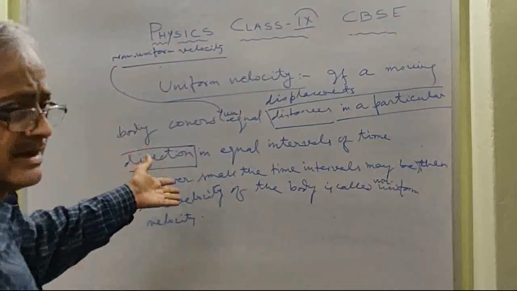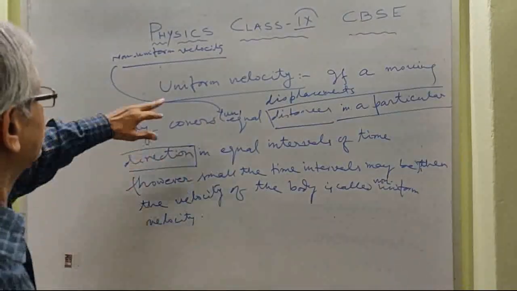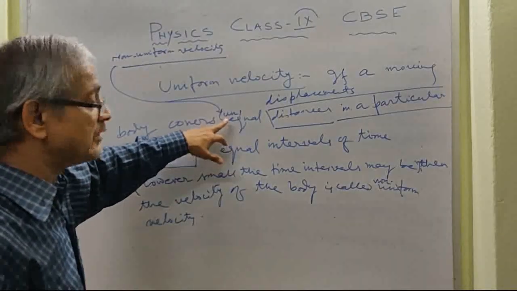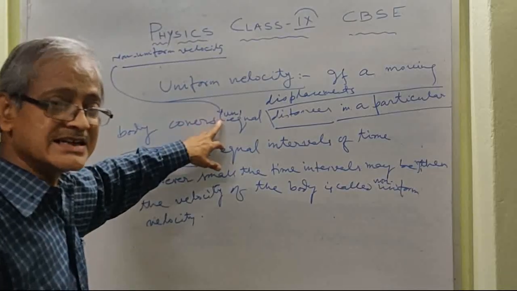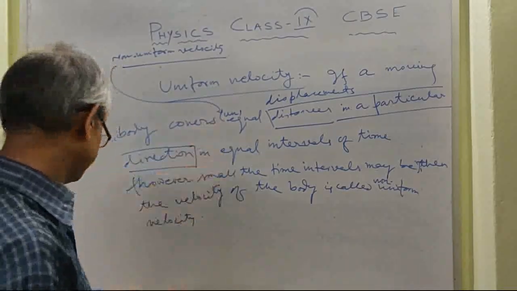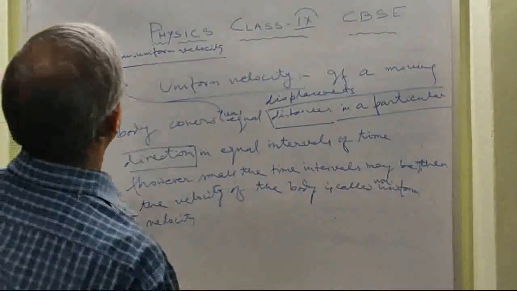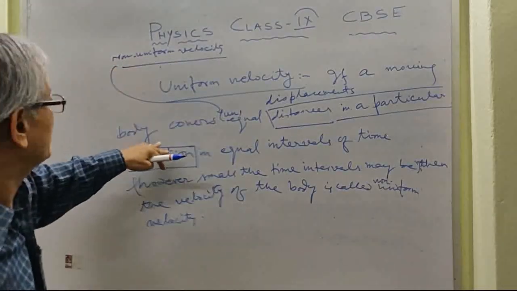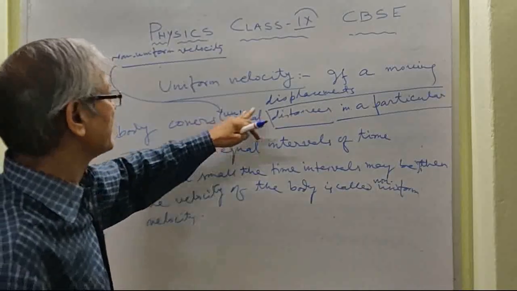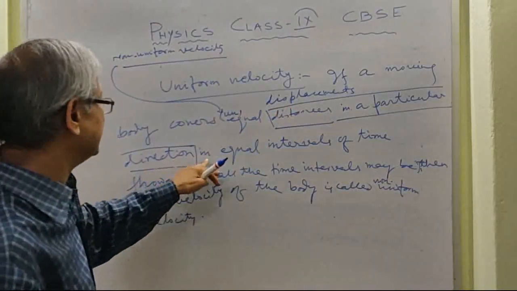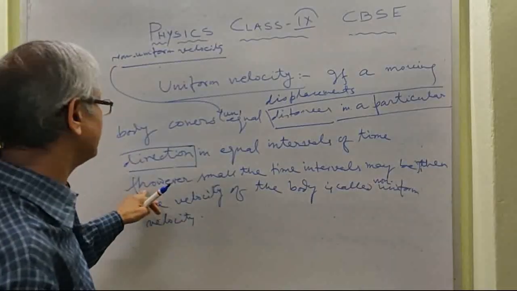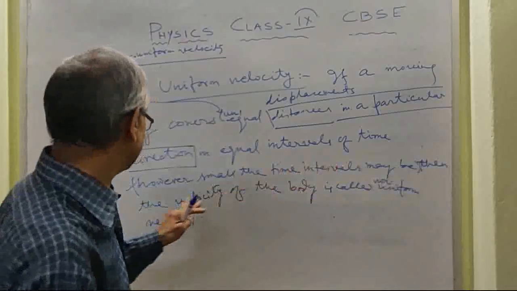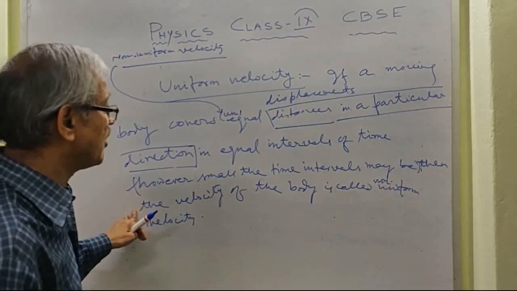We put it similar to uniform velocity, but unequal distances or displacements occur. So non-uniform velocity is when a moving body covers unequal displacements in equal intervals of time, however small the time may be, then the velocity of the body is called non-uniform.